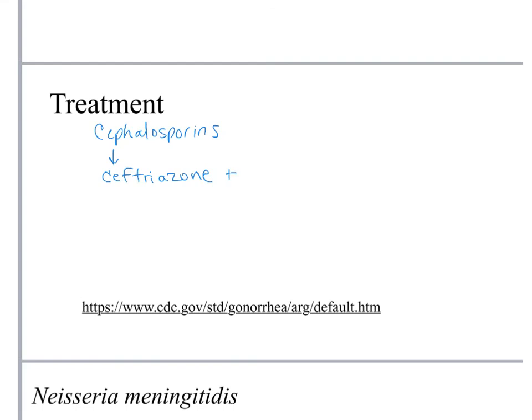You usually use, again, a cephalosporin in combination with azithromycin or doxycycline, which is a tetracycline, one that we didn't talk about before. Remember, azithromycin is a macrolide.